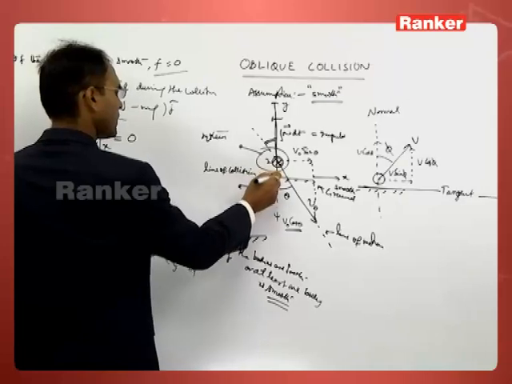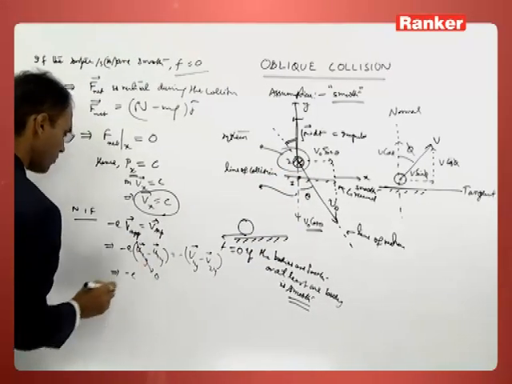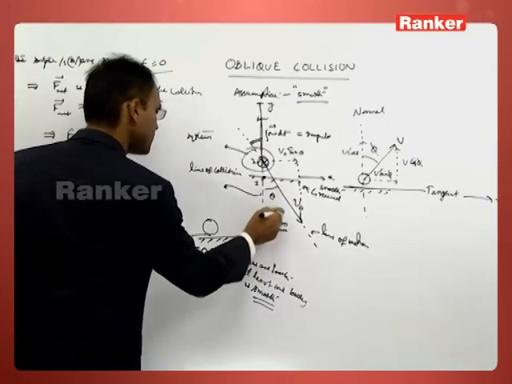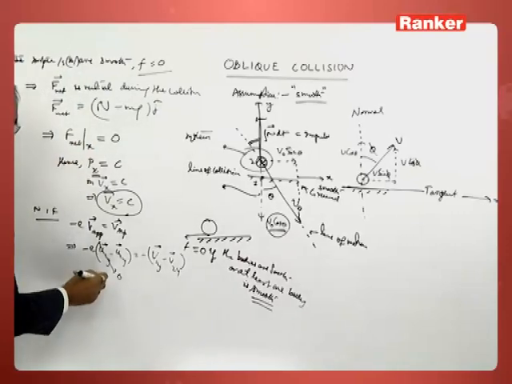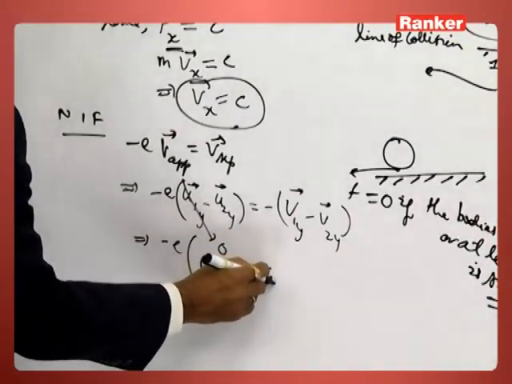Since the ground is at rest, it is not moving, this will be 0. Since body 2 moves down with a velocity v naught cos theta, it will be minus v naught cos theta.